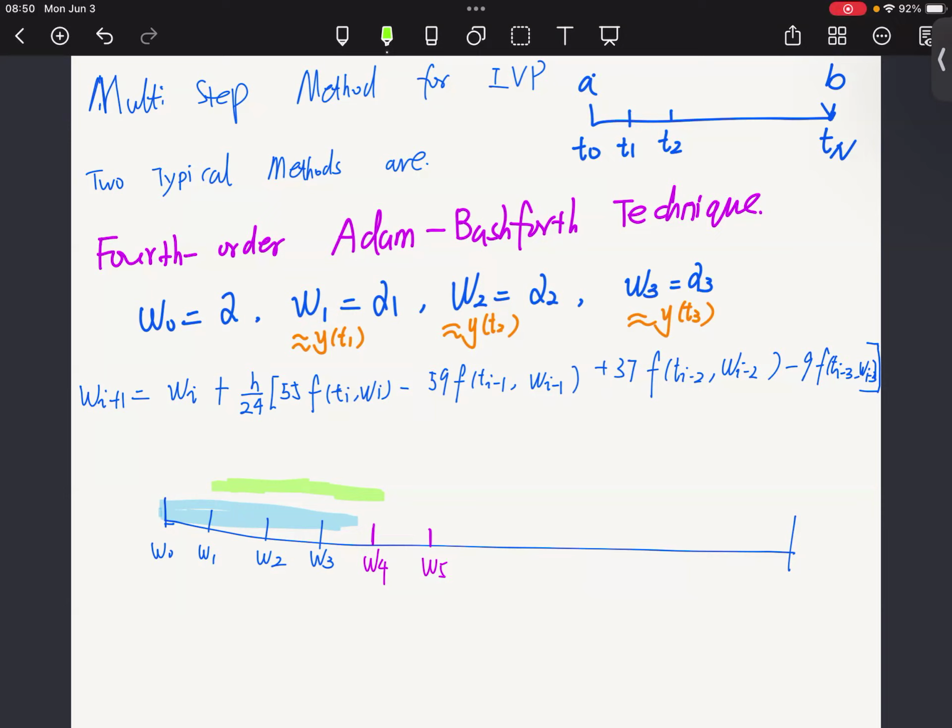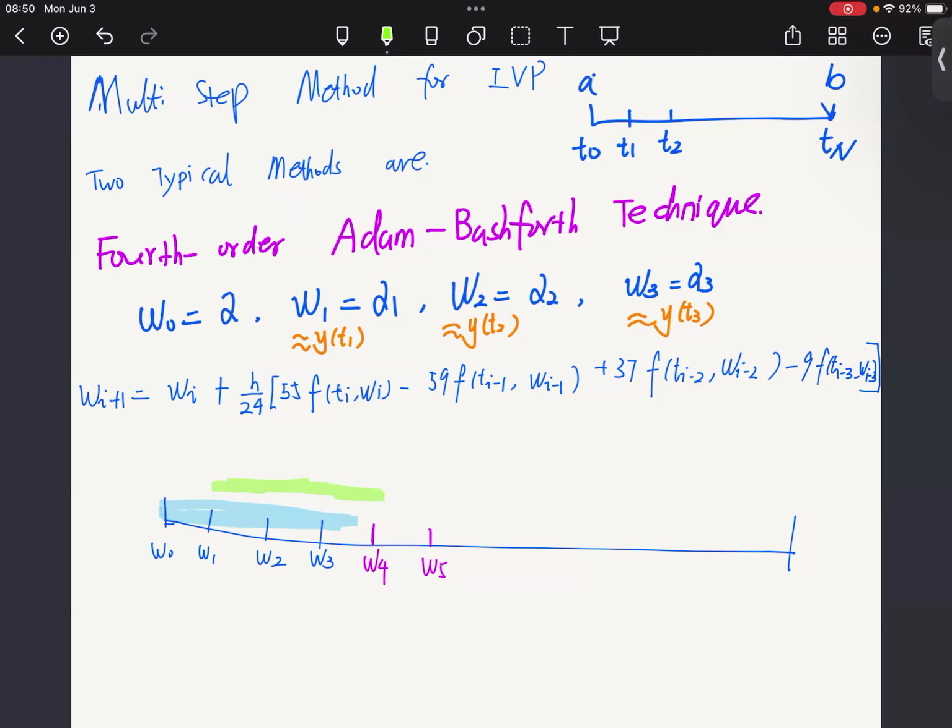Another benefit is related to a phenomenon in the propagation of errors in the IVP problem. For the error at this point and the error at the end point, you will see the error is increasing if we use Taylor's method or the Runge-Kutta methods, right?